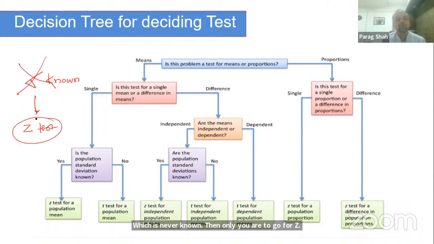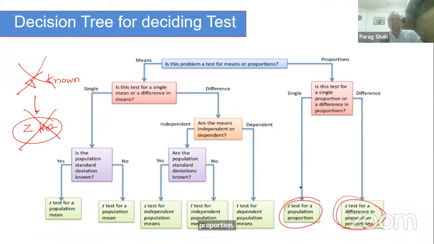Practically, this is never known, so this is never used. So for averages, we will never go for Z. We'll always go for T test. For proportion, it can be Z. But for averages, we'll not use Z test.